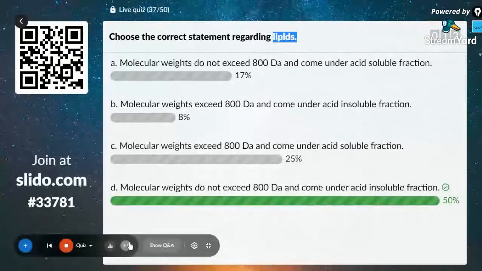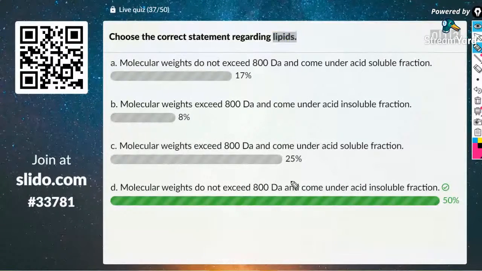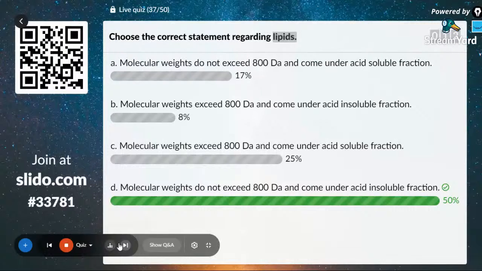Guys, molecular weight does not exceed 800 Dalton, comes under acid insoluble fraction. Okay, next question on the screen.